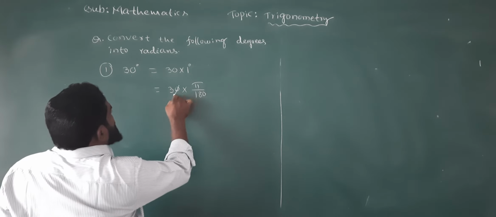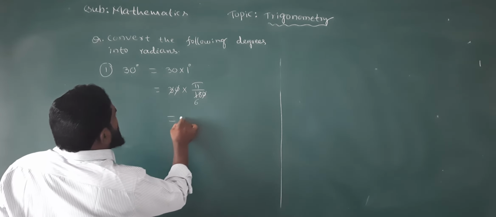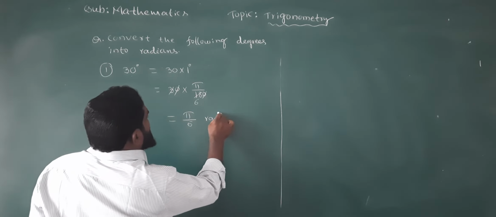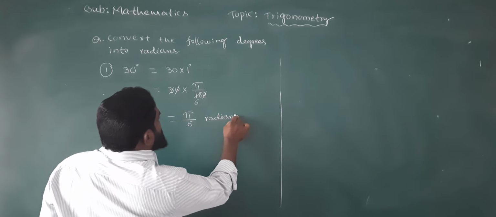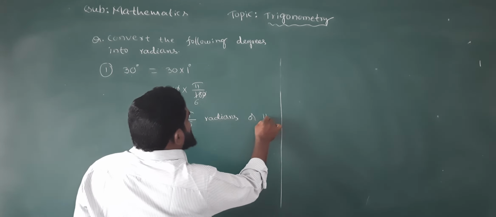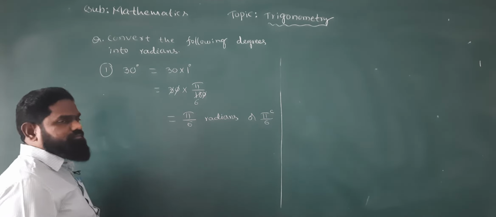Understand? So this gets cancelled. 3 into 6, 18. How many radians? Pi by 6 radians. Or it can be written as pi by 6 c also, or generally write like this, no problem.